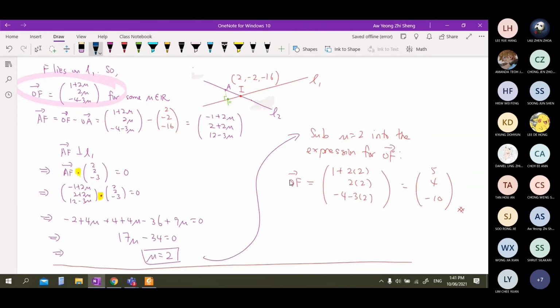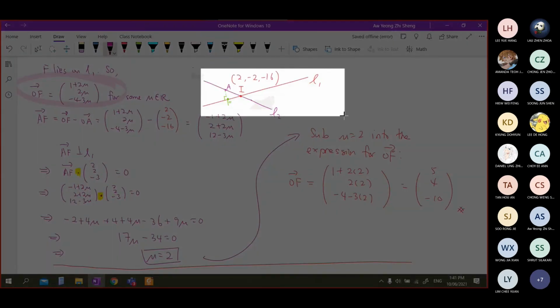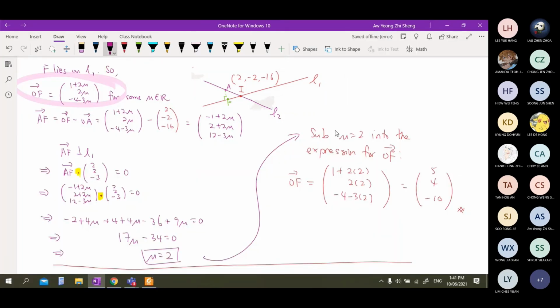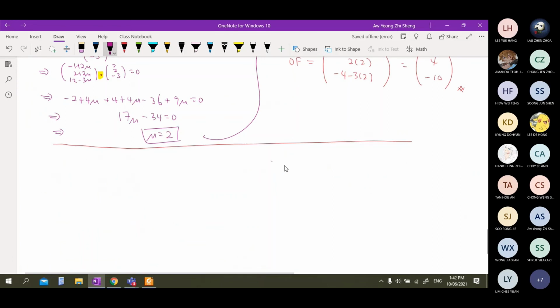Part 4 is to find the vector equation of line L3, which is the reflection of L2 about L1. Okay, I use back the same diagram here. In part 4, they want to reflect L2 about L1, which means L2 is the object, L1 is the axis of reflection.